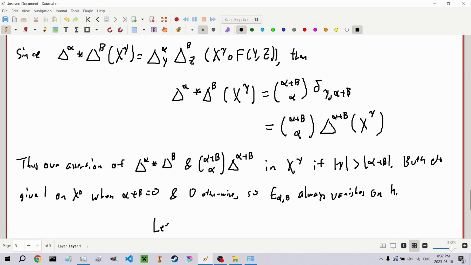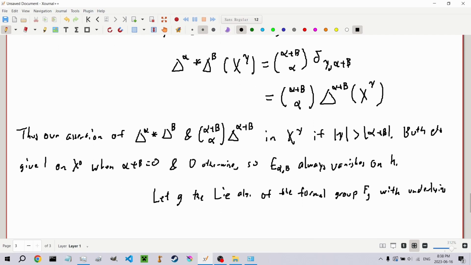Now we're going to let G be the Lie algebra of the formal group F, which will, we know, then have underlying vector space being our k to the n.